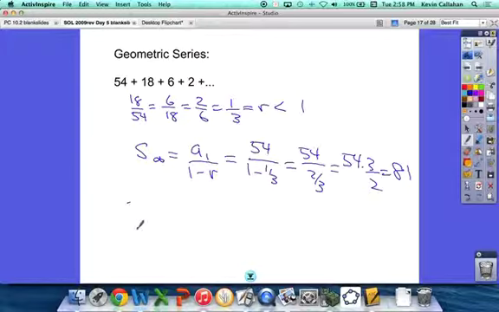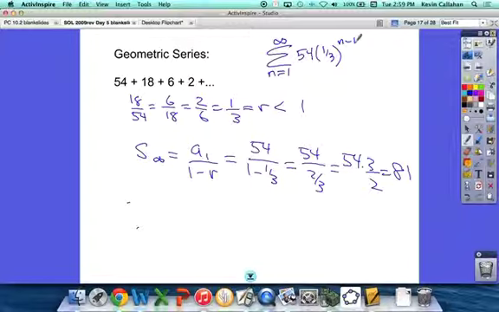Now, could you use the calculator to do that? Well, let's see. If I write this as a summation, it would look like this: the sum from n equals 1 to infinity of the first term 54, the R is 1/3, raised to the n minus 1.